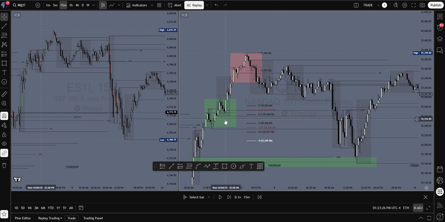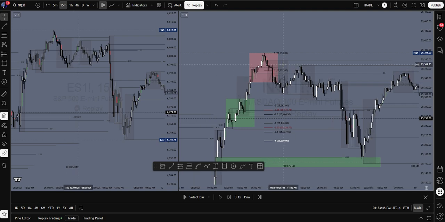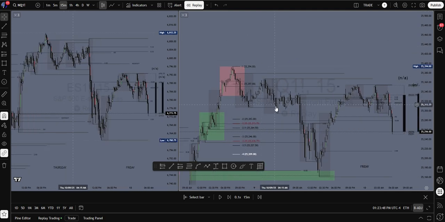We accumulated, generated liquidity, manipulated, making our high. Asia then showed some of the displacement on a lower time frame. We draw back up, and then we accumulated a little bit more.